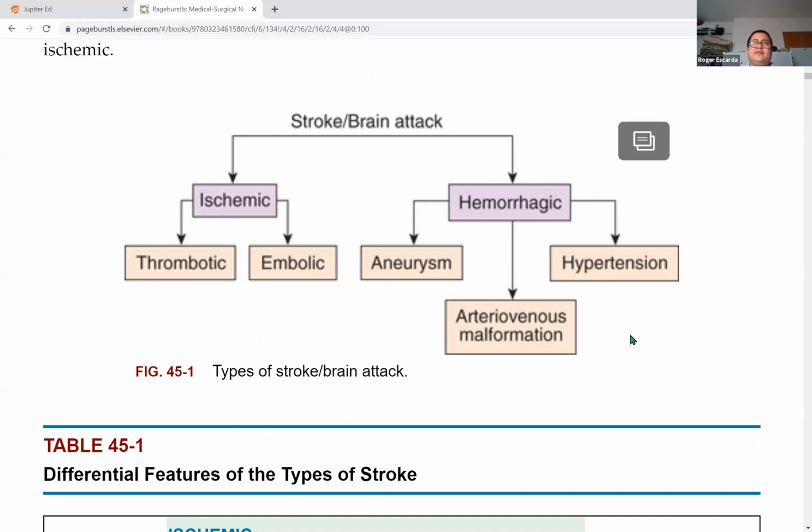That's why, if you remember in chapter 36, when we talked about malignant hypertension, or I forgot what chapter spinal cord injury was, 44 or 42, I think. If you remember from last semester also, autonomic dysreflexia.